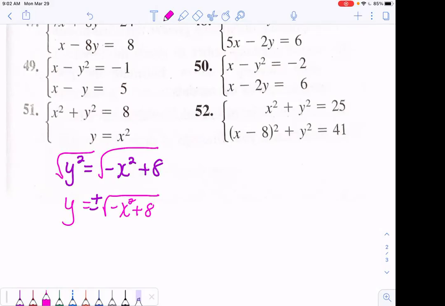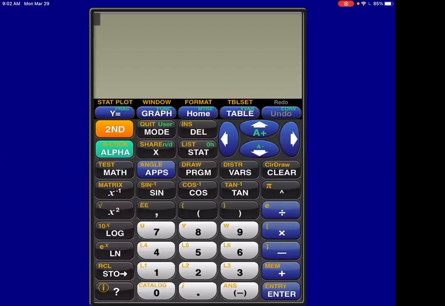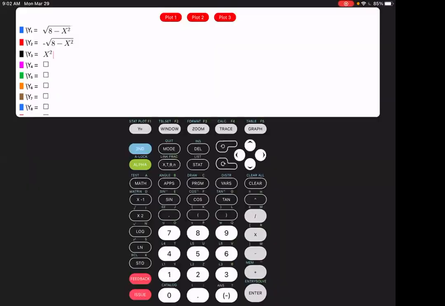So if you want to take out your calculator, I'll show you what this looks like. So I typed it in as 8 minus x squared, but negative x squared plus 8 is the same exact thing. And then the second one, make sure you're using the negative sign in front of the radical, not the minus, but the negative sign.